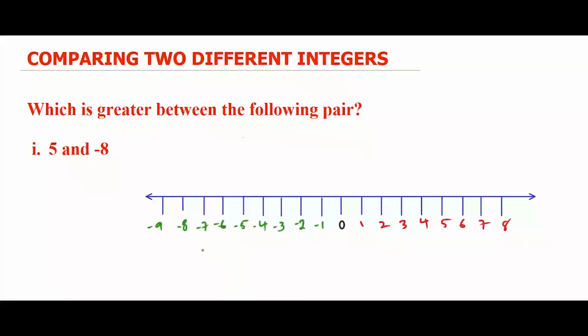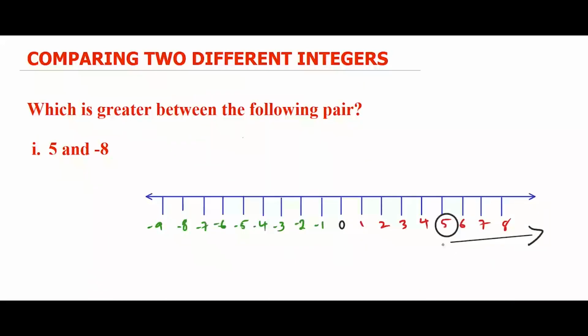If you want to use the number line, you can start from any one, be it 5 or -8. Let's start from 5. 5 is here. Don't forget that if you move like this, earlier in this lesson we were told that the numbers become bigger.